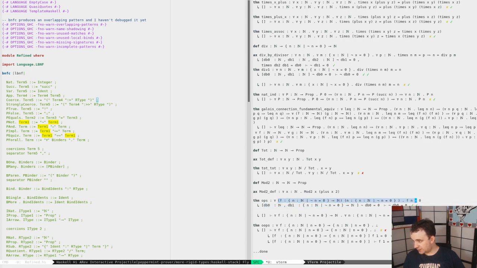So F, oh yeah, at some point I could prove that. Or is it? If F is a function from n different from 0 to n different from 0, then F of n equals 0.